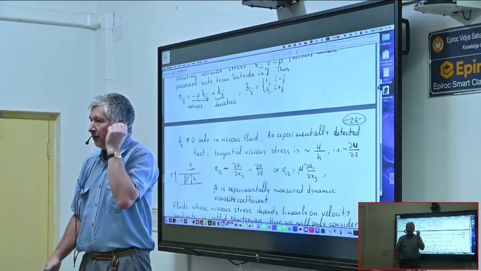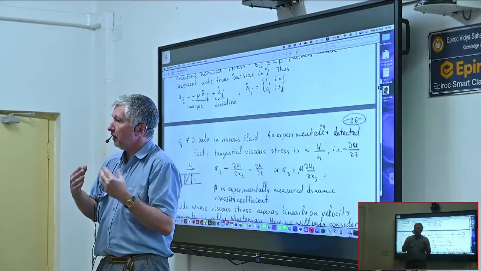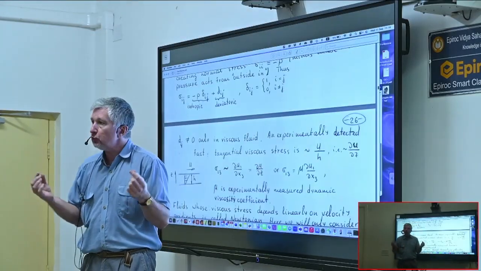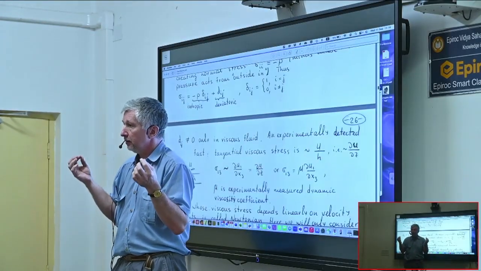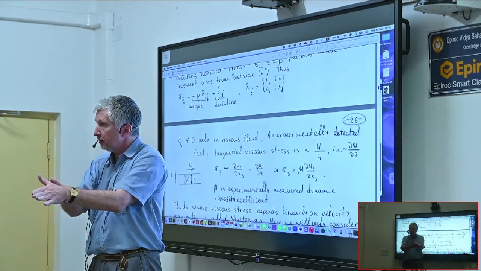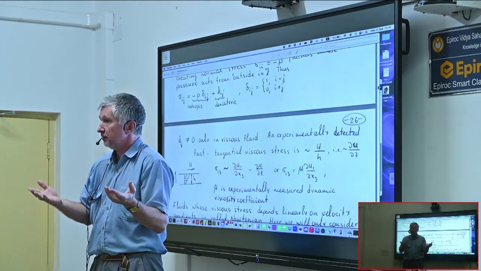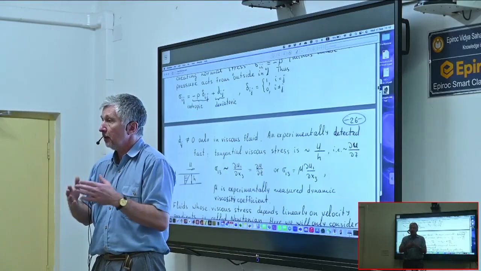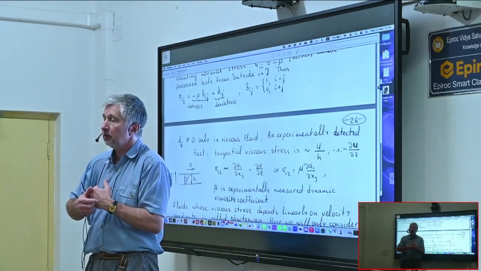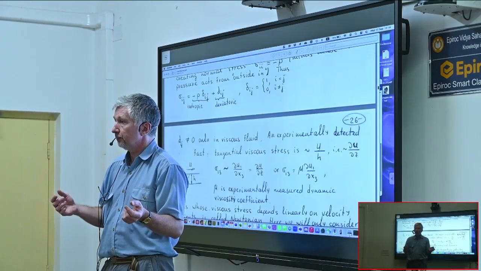So therefore, the model needs to be introduced to relate the strength of shear with the actual friction force experienced. And the simplest model and the most universal model is Newtonian fluid.